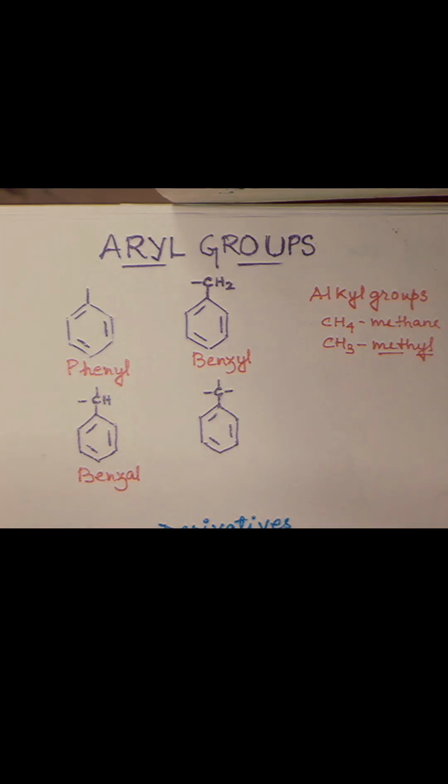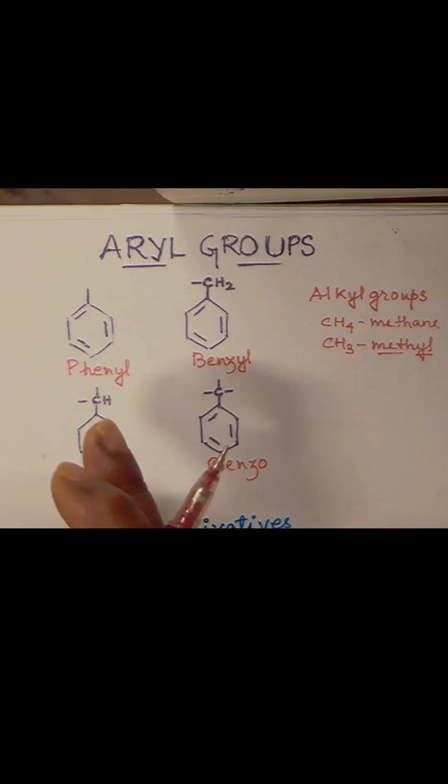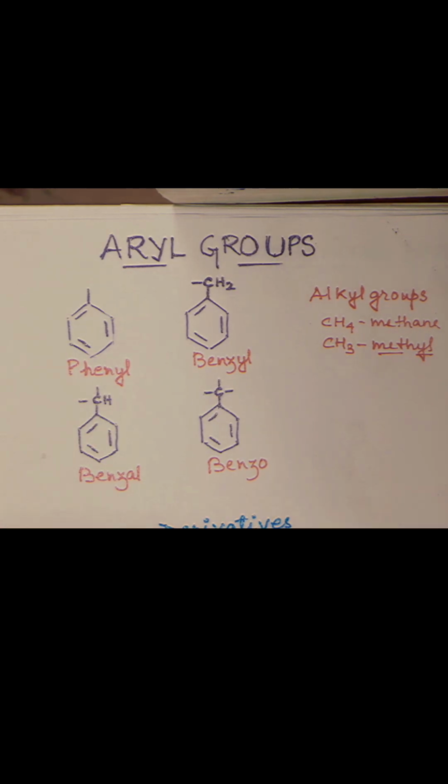And a benzene ring with a C connected to three different things is called benzo. As we discover more names, you will know how to use these prefixes: phenyl, benzyl, benzal and benzo.